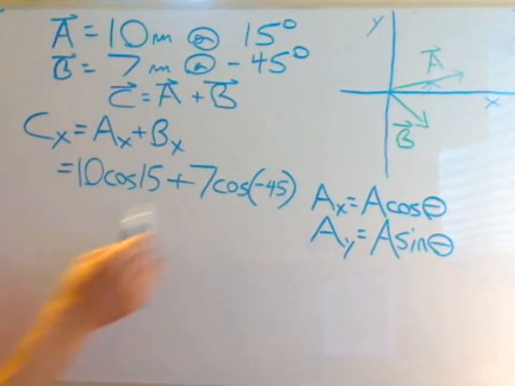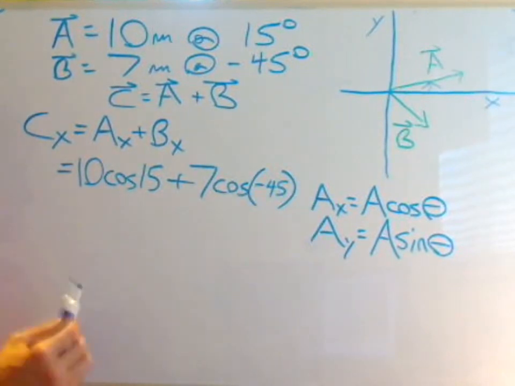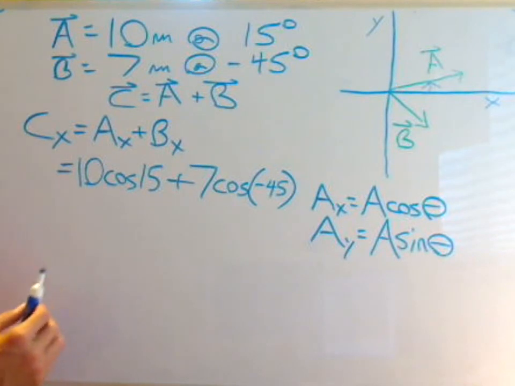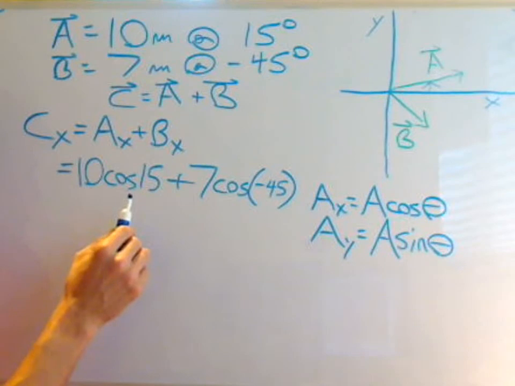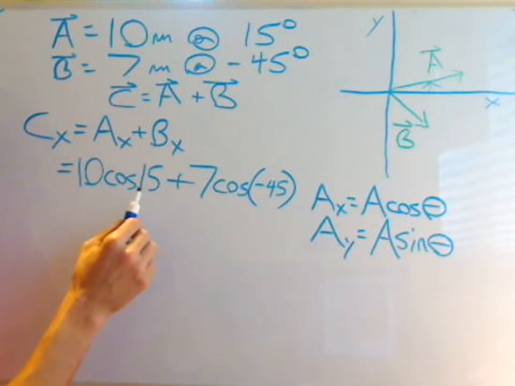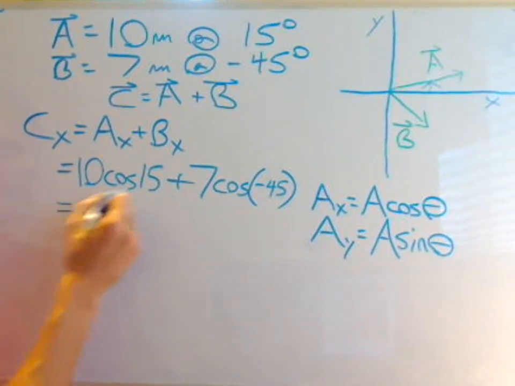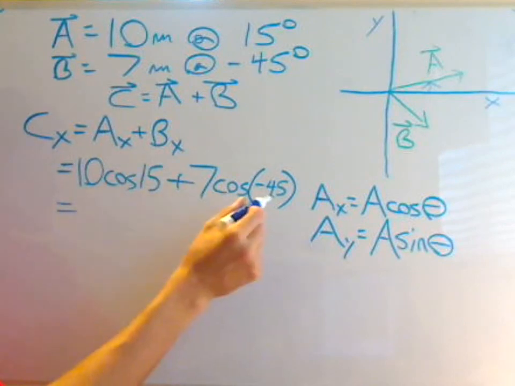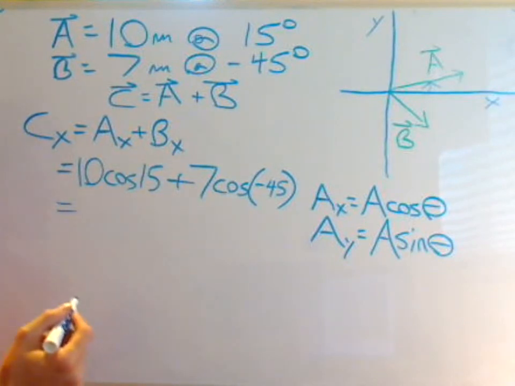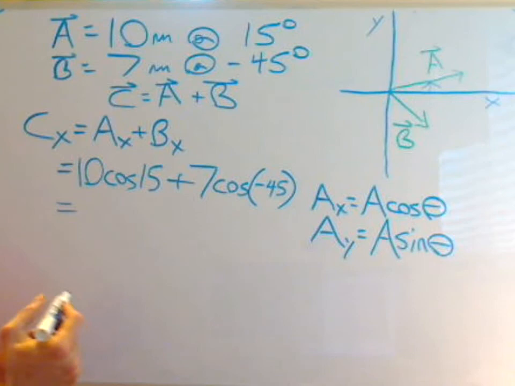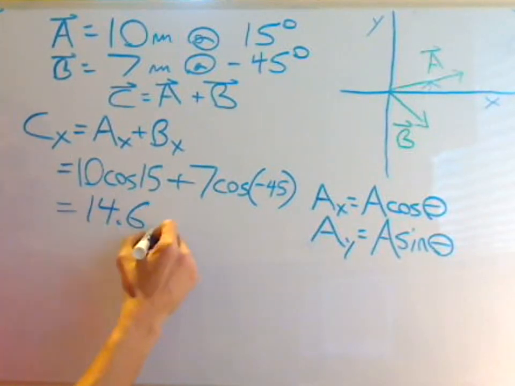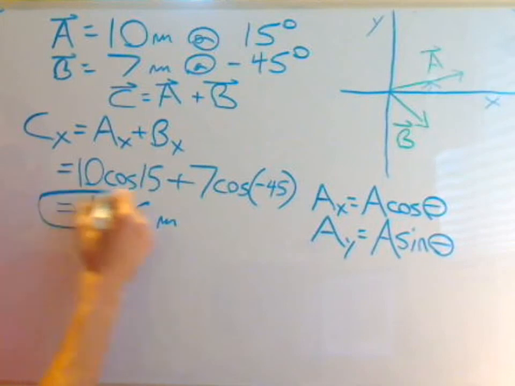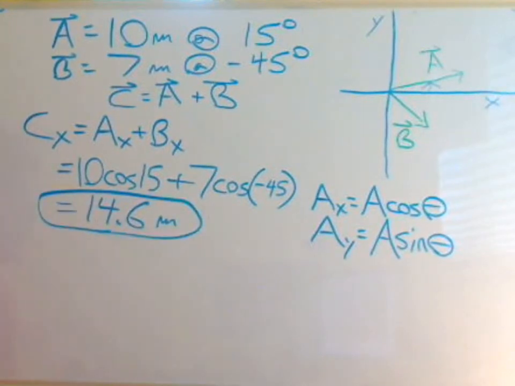And this is where it's important to keep this minus sign. So when you do this calculation, making sure your calculator's in degree mode, 10 times cosine of 15, plus 7 times the cosine of minus 45, we get 14.6 meters. So there's our x component of our added vector.